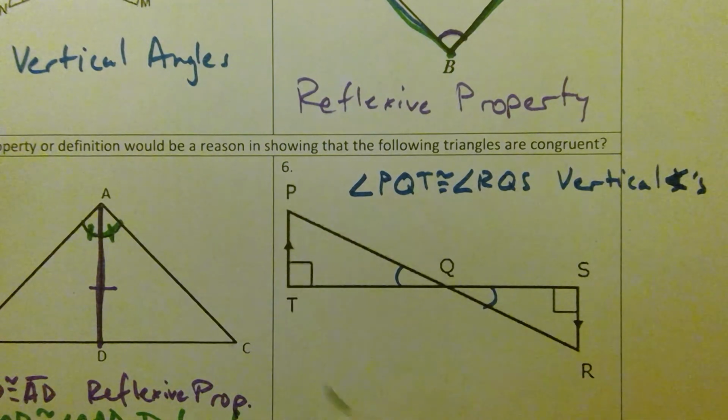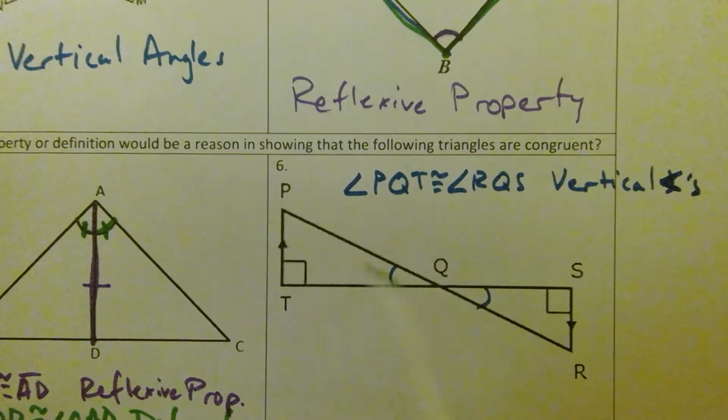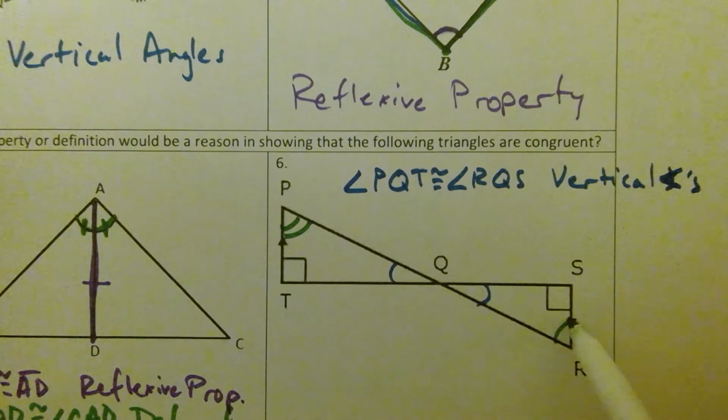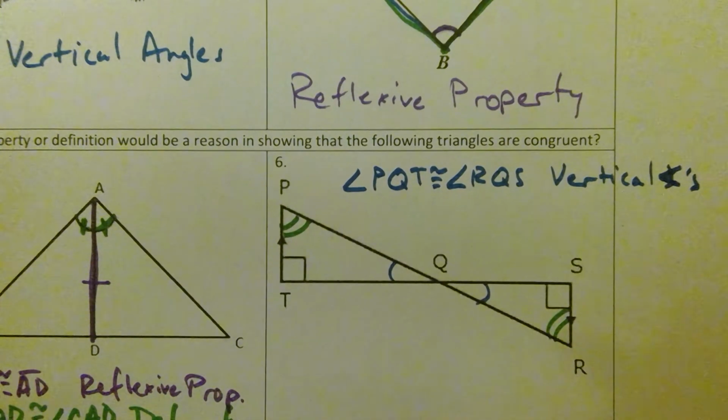Now we've got a pair of parallel lines on the outside. That's what these arrows tell us. And we have this transversal PR because it's crossing through both PT and SR, those 2 parallel lines. And so we've got these angles right here. Okay, now we're inside the parallel lines. This one's on the bottom of the transversal. This is on the top of the transversal.